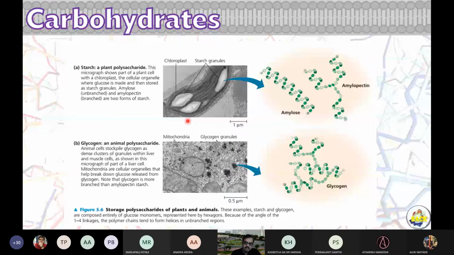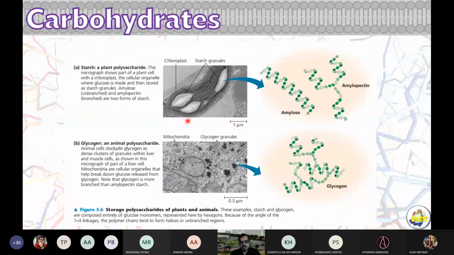They do not have a structural role. Rather, they have a food value. Okay, so your body stores sugar in the form of glycogen, and plants store sugar in the form of starch. And this is school knowledge. You must know that.